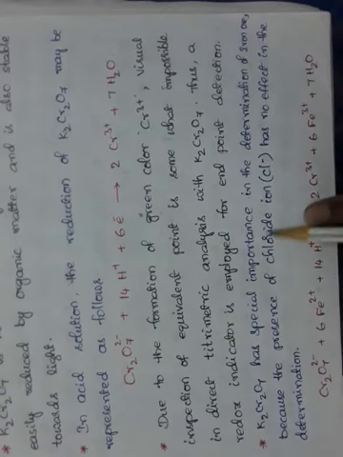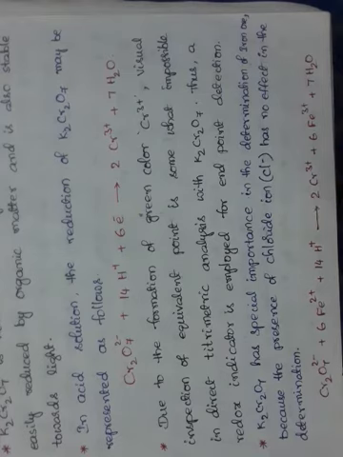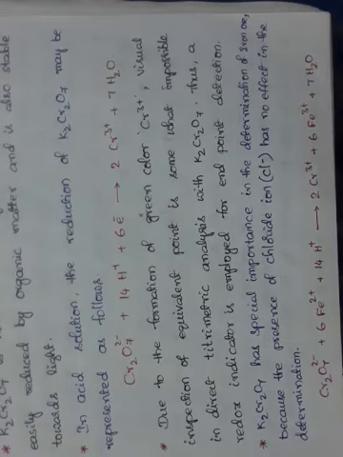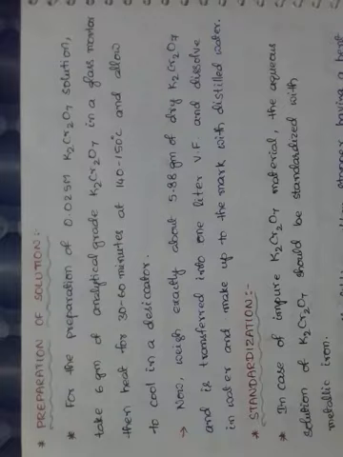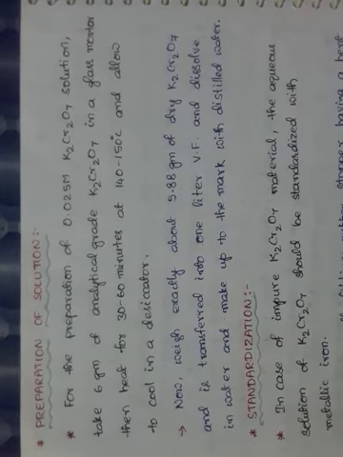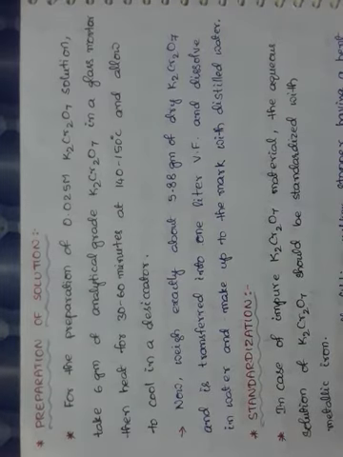So it has special importance in the determination of iron ore. The reaction is like this: dichromate in the presence of acid will react with ferrous iron to produce ferric iron. Is it clear? Till now we discussed the introduction to potassium dichromate.